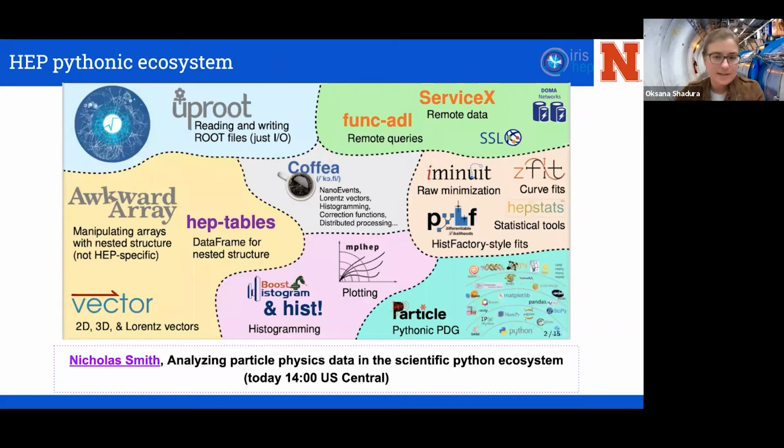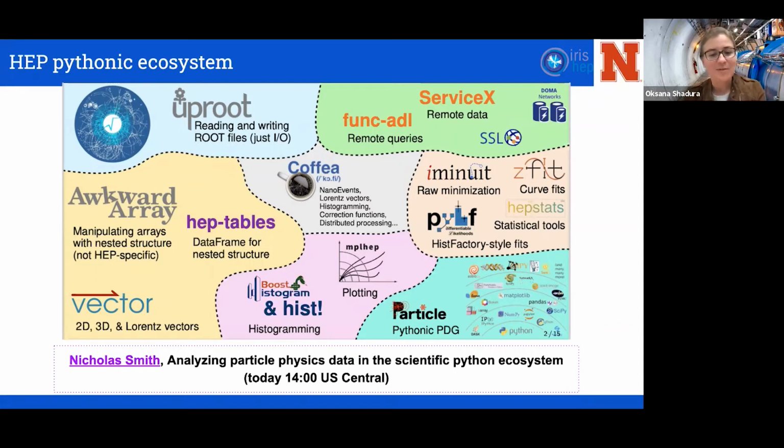During the last years, we started to investigate a lot of the new Pythonic ecosystem and build on top of it for high energy physics. There are a lot of interesting packages that I will probably not go through because it would take me 30 minutes.